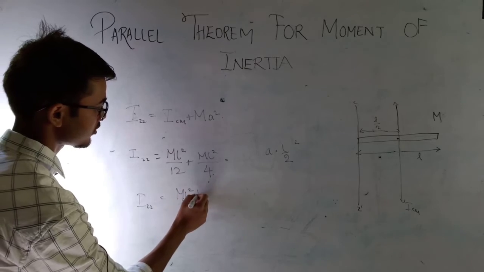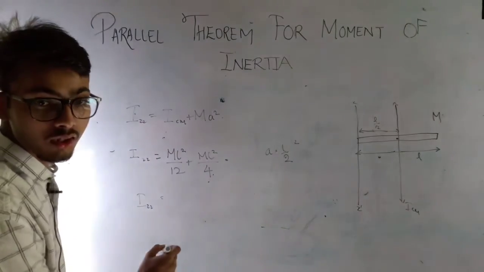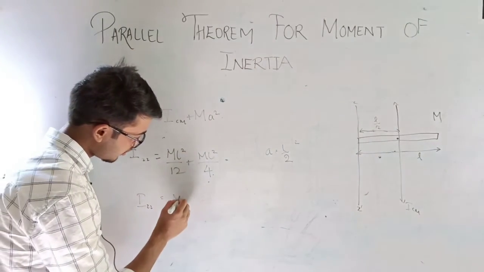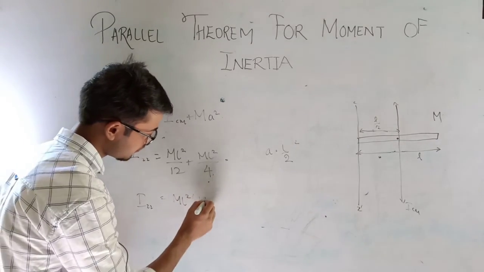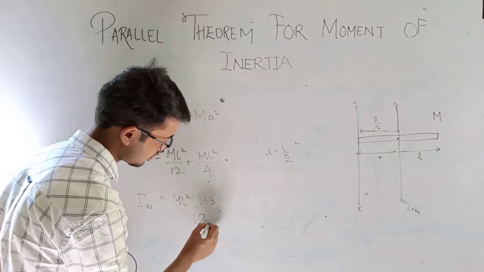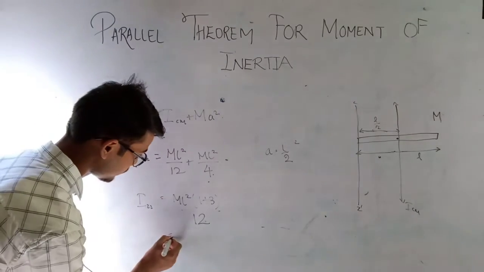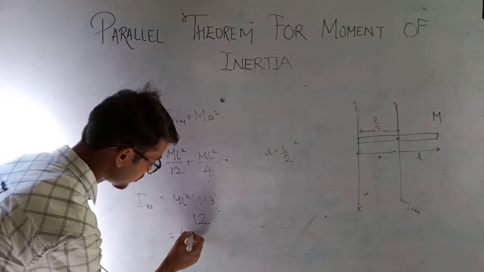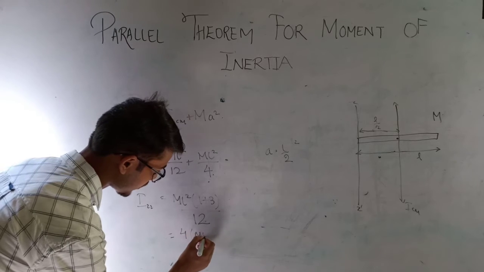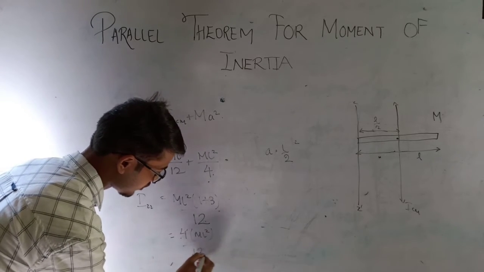Now we take the LCM: m L square times (1 plus 3) by 12. It becomes 4 m L square by 12.